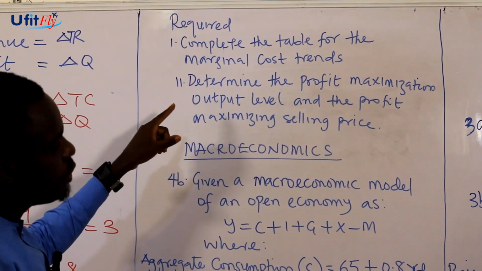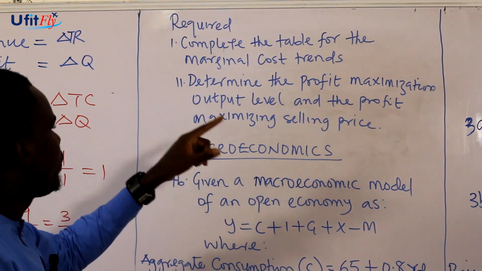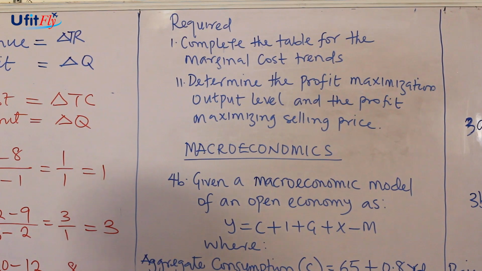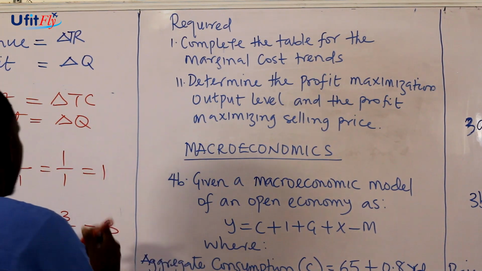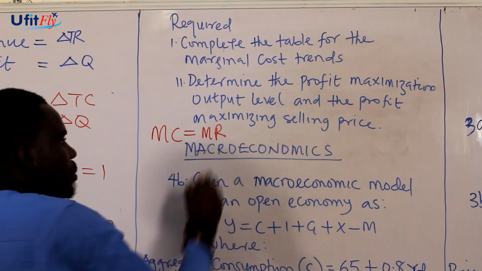However, the second question required us to determine the profit maximization output level and the profit maximizing selling price. To maximize profit, marginal cost must be equal to marginal revenue.